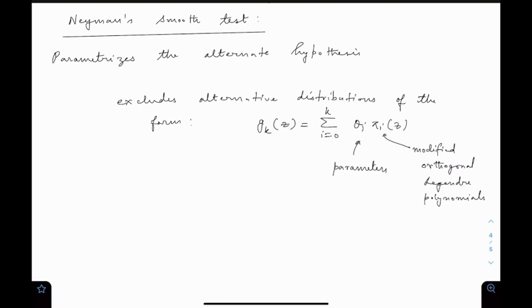And normalized to the interval from 0 to 1, and symmetric or antisymmetric with respect to z equals half.